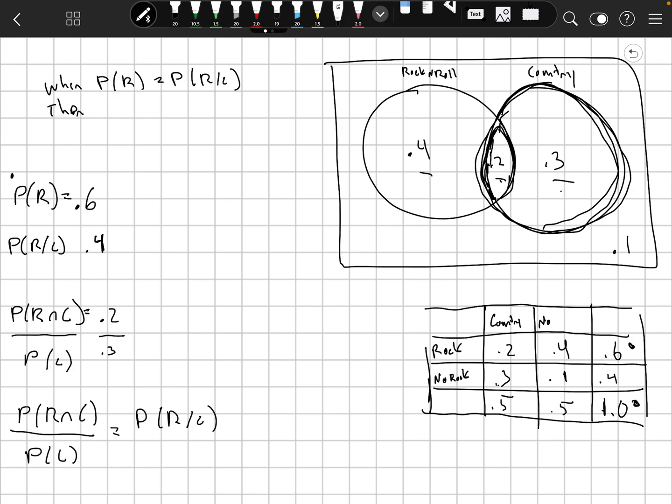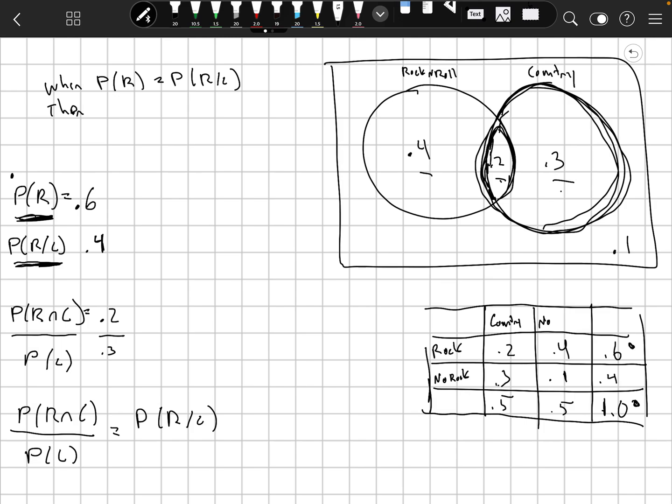Okay, so we're saying that these two events are dependent. So liking rock and roll depends on whether you like country or not. If you like country, you'll be less likely to like rock and roll. If they were exactly alike, we'd call them independent events.